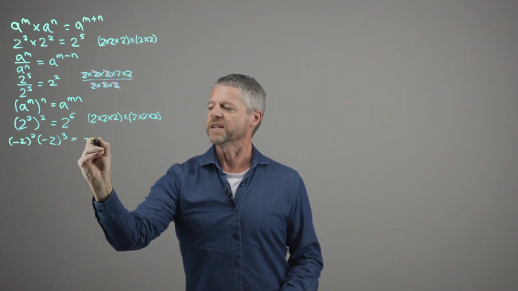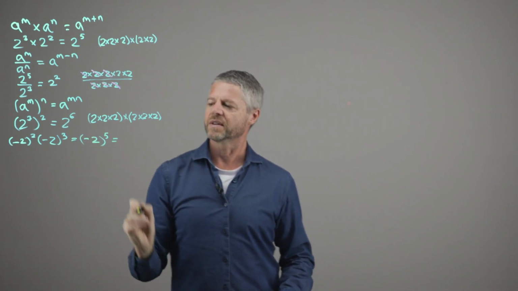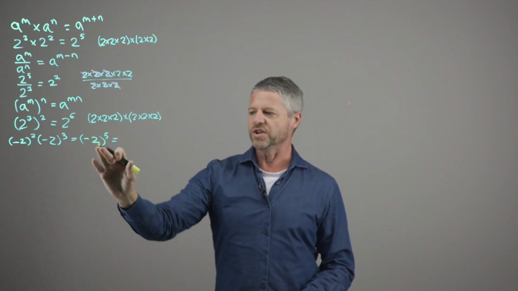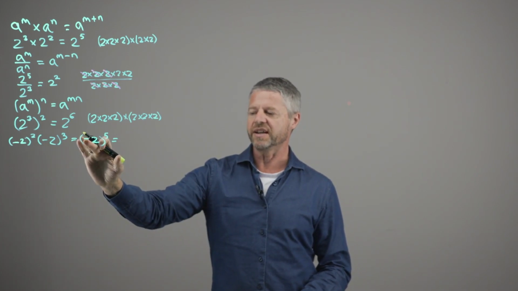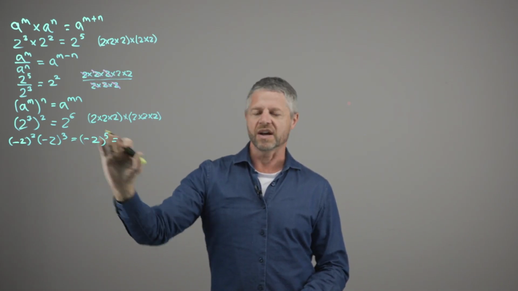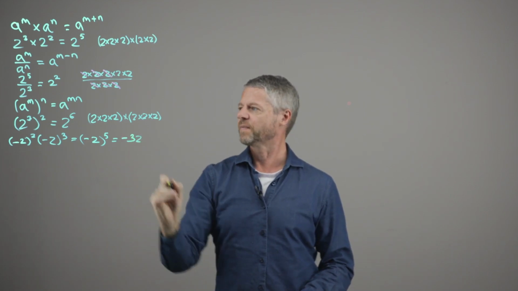So that's going to be minus 2 to the 5. And so 2 to the 5 is 32, and then we've got a negative sign. And because it's an odd exponent, the answer is going to be odd as well. So we'll have minus 32.